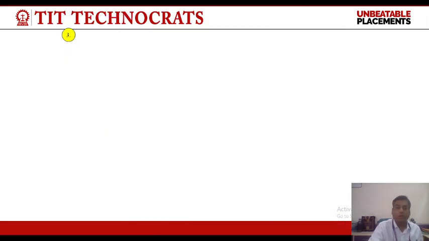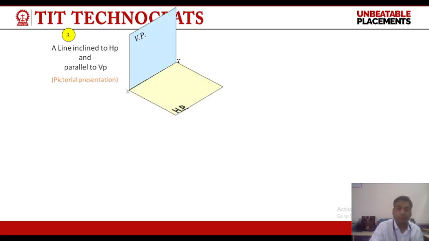Okay. Now, case 3, a line inclined to HP and parallel to VP. This is the pictorial representation of a line which is inclined to HP and parallel to VP. The angle of inclination with HP is represented by angle theta, and this theta angle will be seen in the front view.